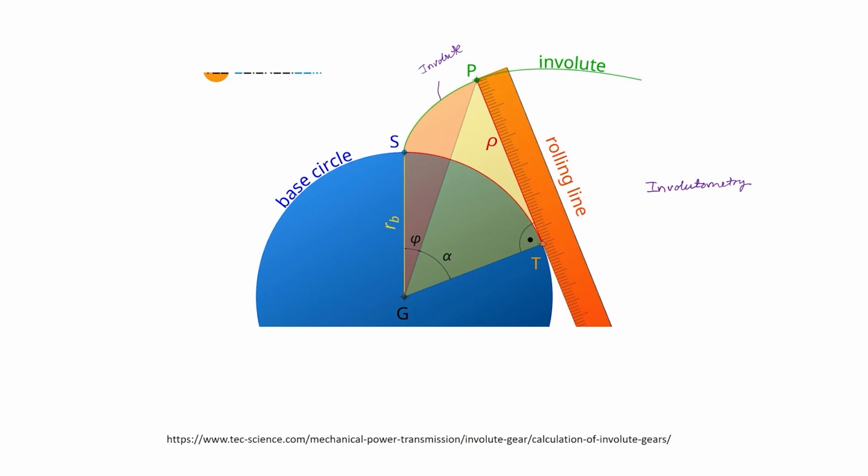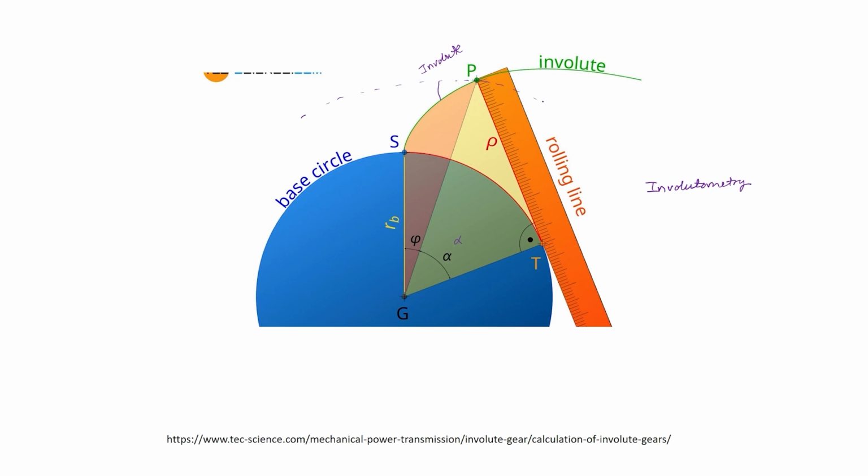So, from the tangent point T, a line is drawn to the center of rotation G, and P is connected to G with a line PG. So, the angle PGT is equal to alpha, which is the pressure angle, if P is along the pitch circle.